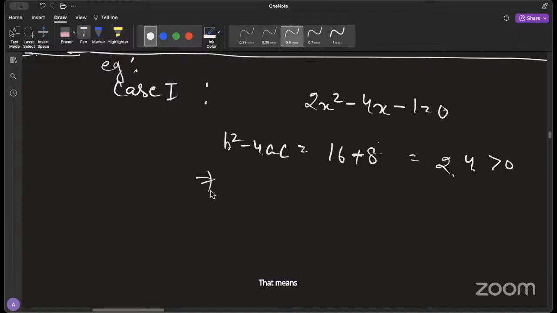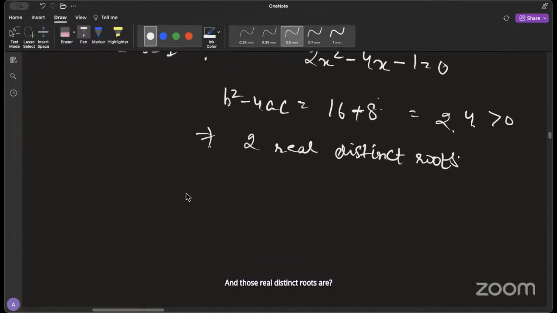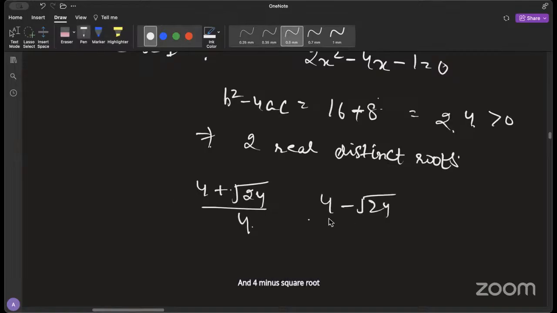That means you have two real roots, real distinct roots. And those real distinct roots are one is 4 plus square root of 24 by 4, and 4 minus square root of 24 by 4.